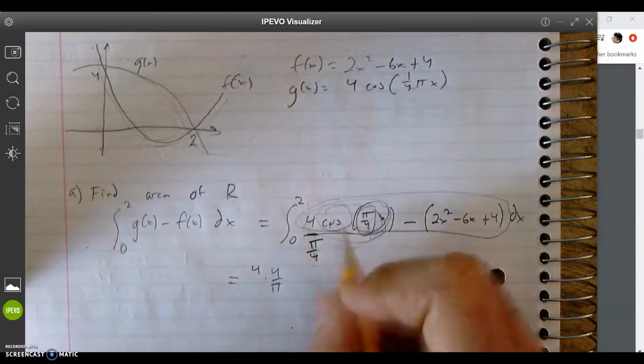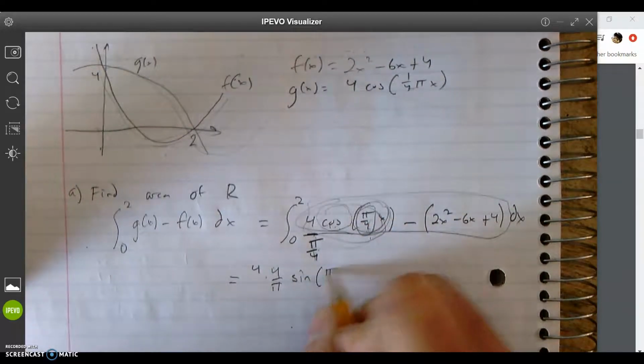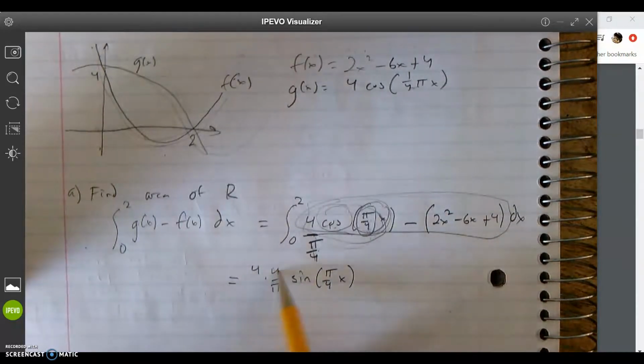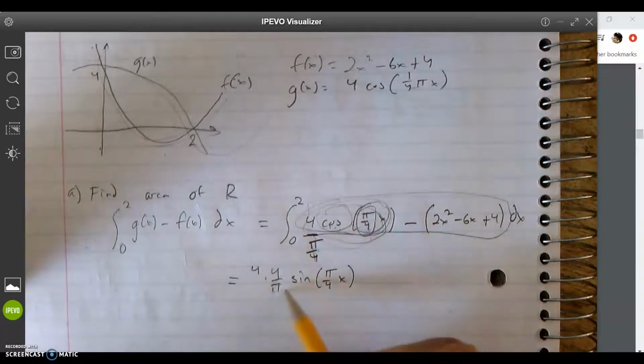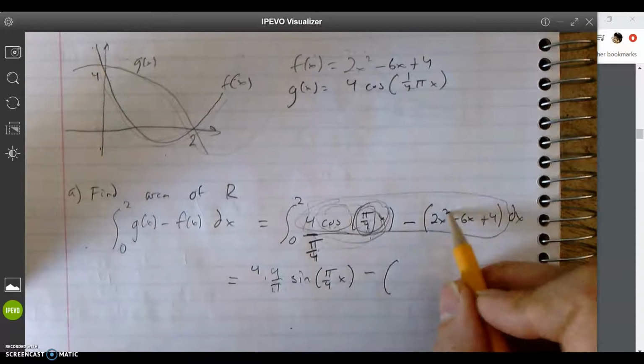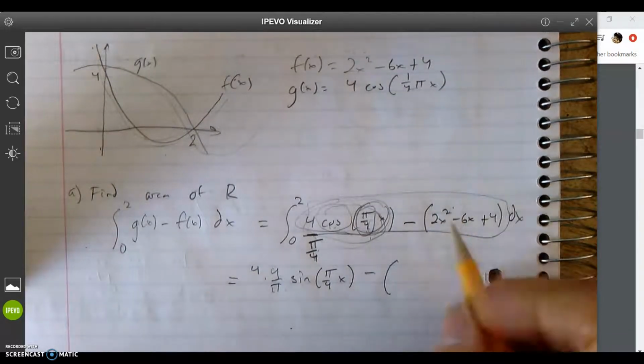So now we have the antiderivative of cosine is sine, keep the inside. So this is the antiderivative. It's going to be 16 over pi eventually. 16 over pi sine of pi over 4 x minus, add 1 here, this is going to be 3, and then divide by that.